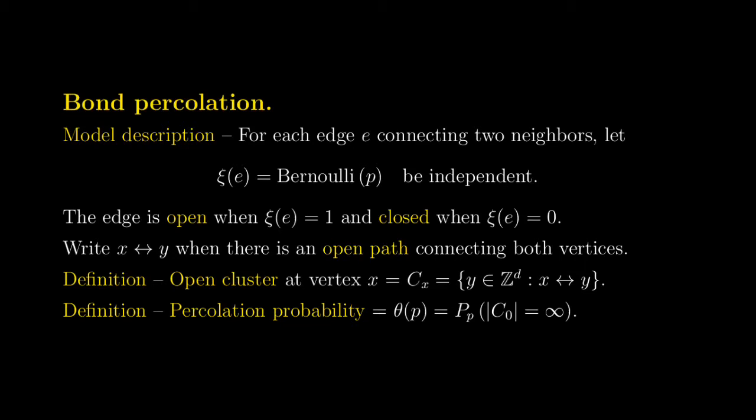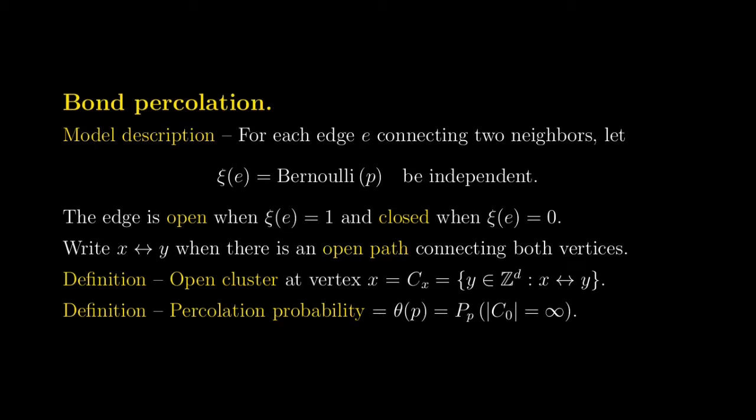Then that's where we introduce this terminology of open edges and closed edges. We say that edge e is open if ξ(e) is equal to 1, and the edge is closed if ξ(e) is equal to 0. Then we are going to write x ↔ y to indicate that there is an open path connecting both vertices.